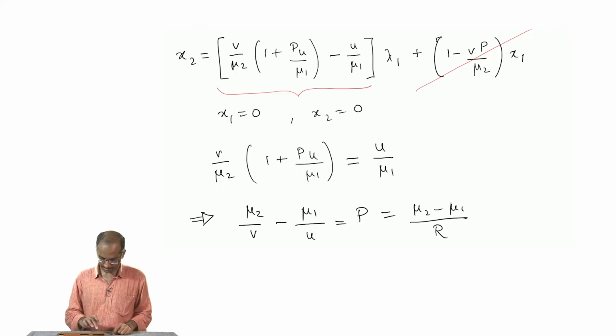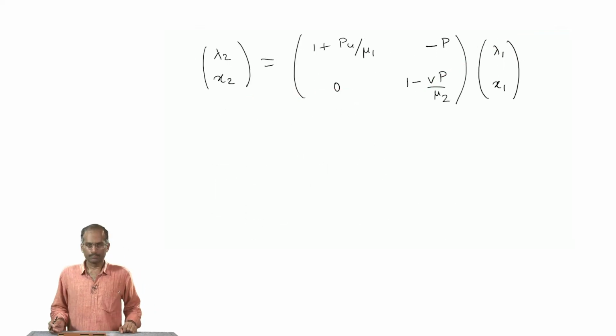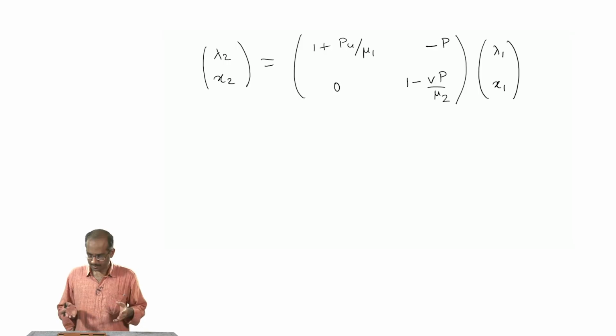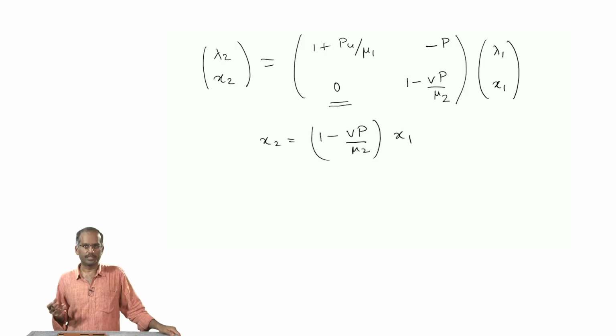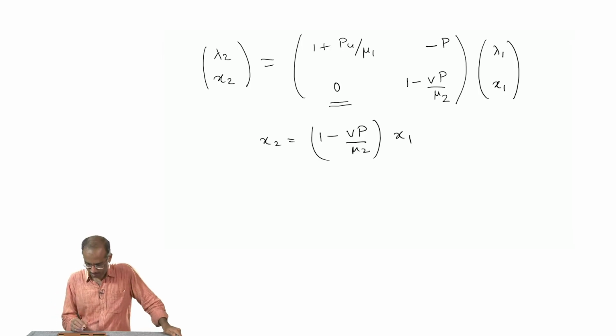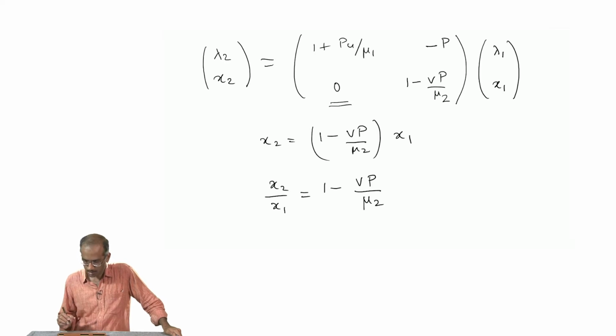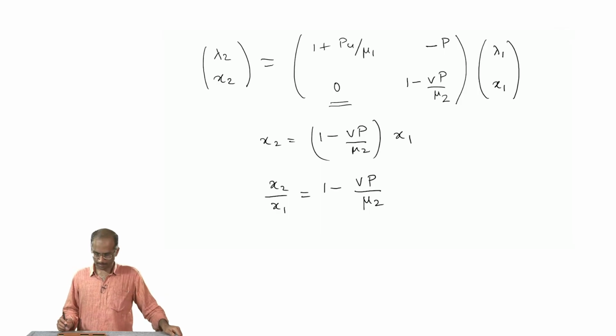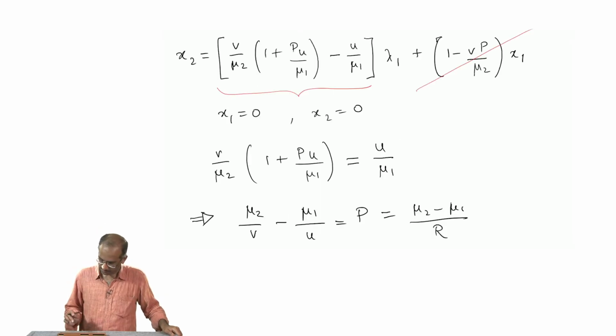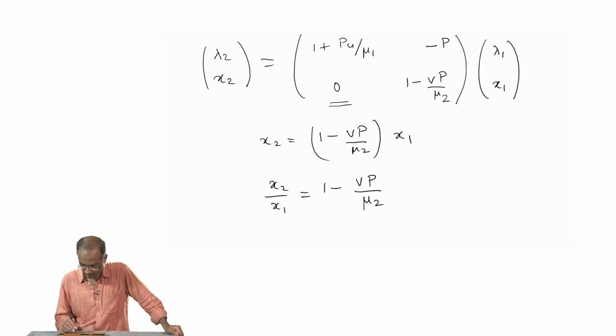So, let me directly write the result. This would be the relation at the image plane. The relation that I need is x 2 divided by x 1, it is already there. X 2 divided by x 1 is 1 minus V p divided by mu 2, and if I substitute for p from here, I should get the following relation.